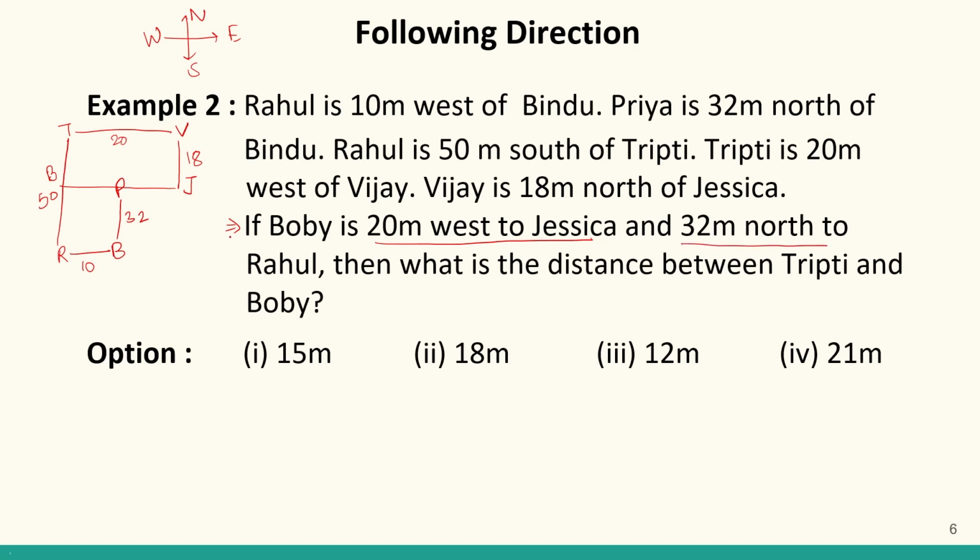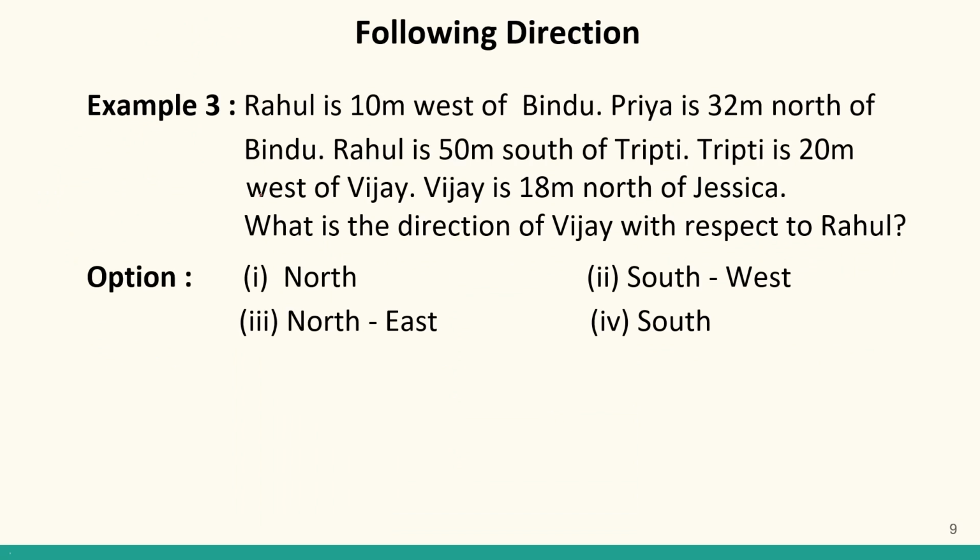And 32 meters north of Rahul. So here again, this will be equal to 18 and this will be equal to 32. The distance between Bobby and Rahul will be 32. Given that, what is the distance between Tripti and Bobby? We have to find the distance between Tripti and Bobby. It will be 18, very clearly. So the answer will be option number 2, 18. Now, same information, the question is different.